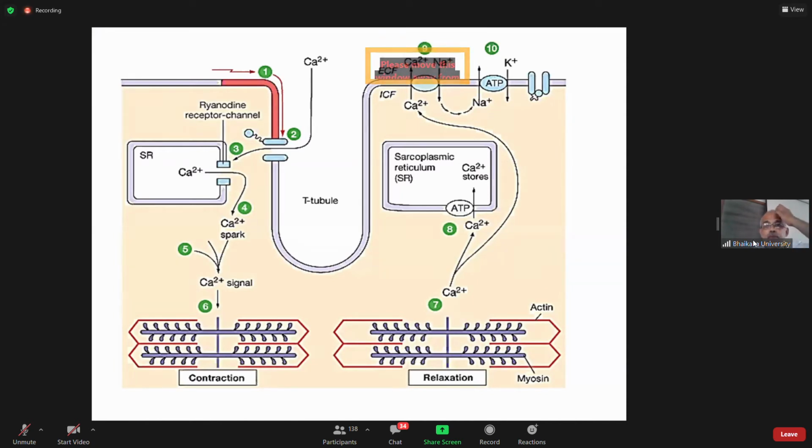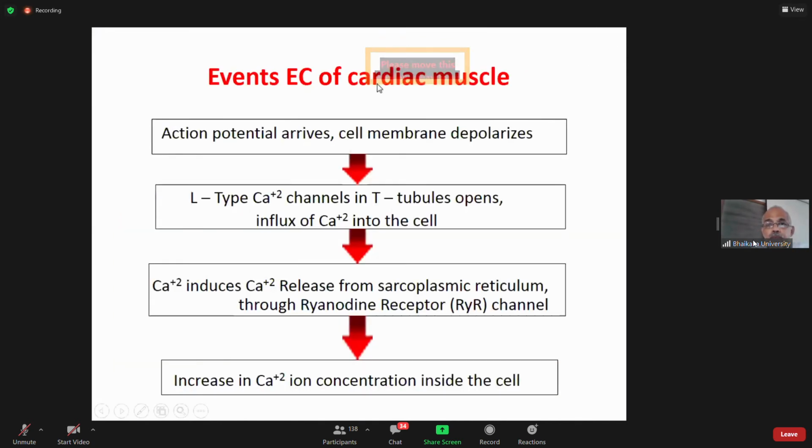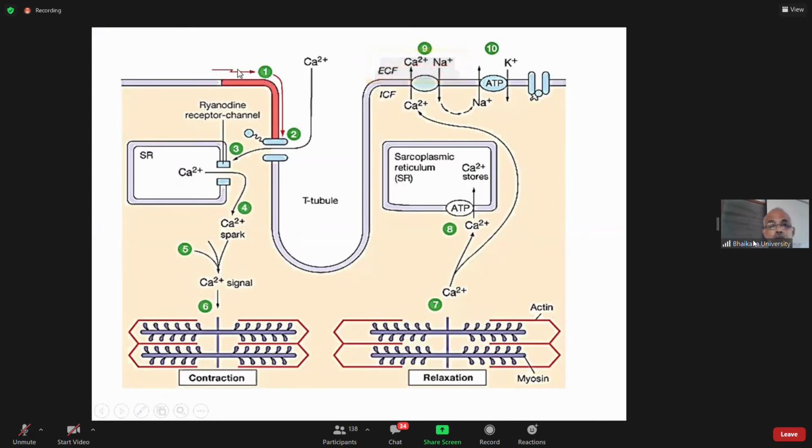Look at it. The action potential which has arrived in the tubule will cause entry of calcium ions from the tubules through the L-type channels into the cell, which will cause activation of the ryanodine receptor channels, causing a spark of calcium ions released into the cytoplasm, which will bind to troponin C and initiate the cross-bridge cycle.